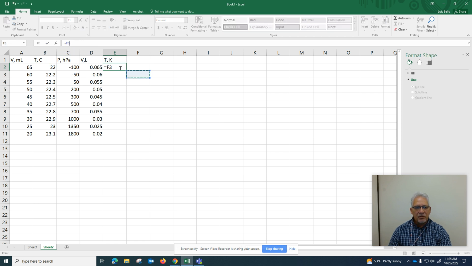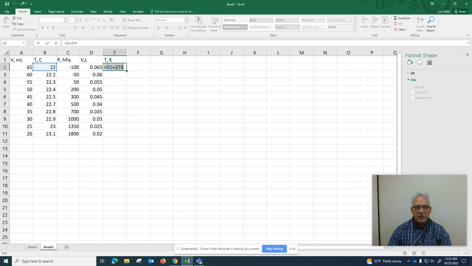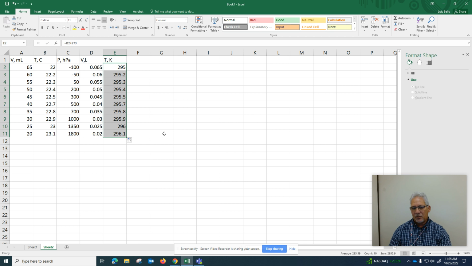Let me redo that, because I don't know why it's not working. Let me erase this one again. That will be temperature plus 273, hit enter, and then drag down, and that will calculate the rest. You don't have to type the equation again.